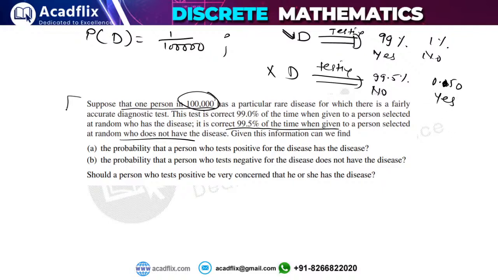So this is actually the complete question. You can read it after this class is over. Basically I have just written it in this diagram representation. So this is the probability of disease.